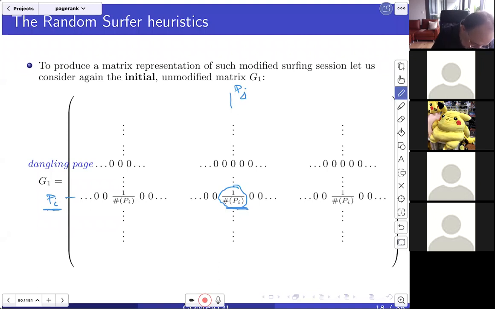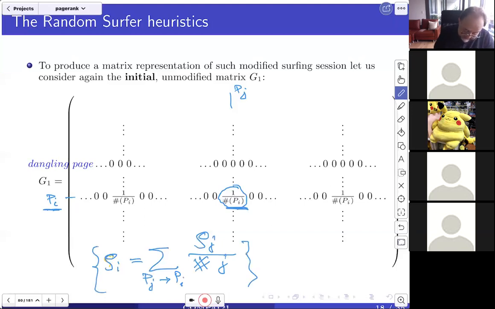Let's call rank rho I, that's the rank of the web page I. You remember this was equal to the sum of rank of J over the number of outgoing links on J, over all pages J that have outgoing links to page I. That was the set of conditions that we wanted satisfied.